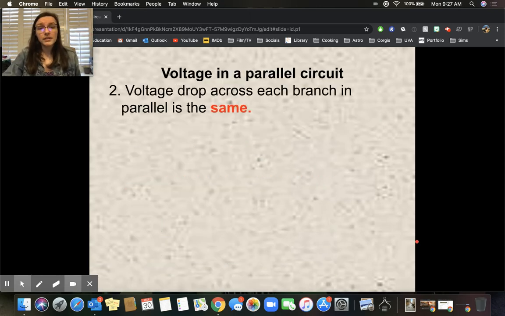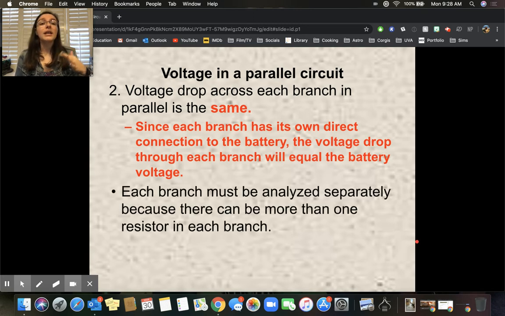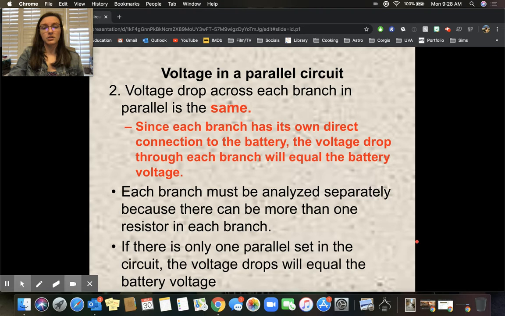Voltage in a parallel circuit, across each branch, the drop is going to be the same. Since each branch has its own connection to the battery, the voltage drop through each branch will be equal to the battery voltage. You have to look at each branch separately because there can be more than one resistor in each branch.